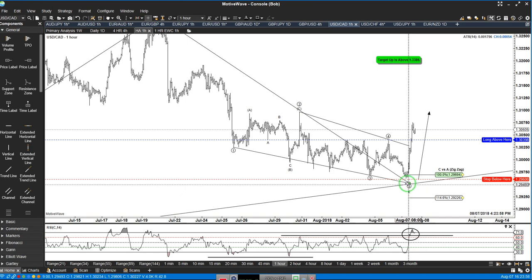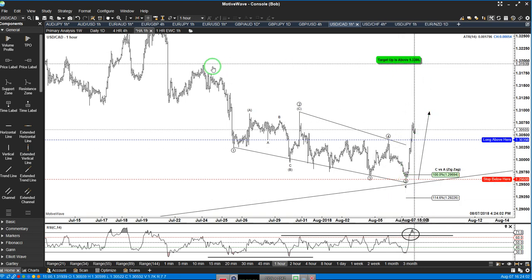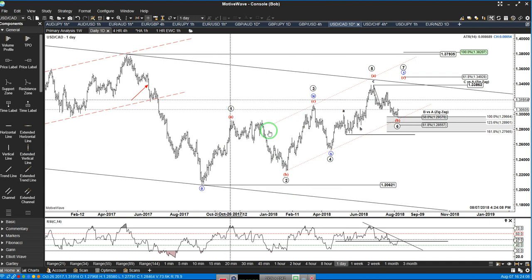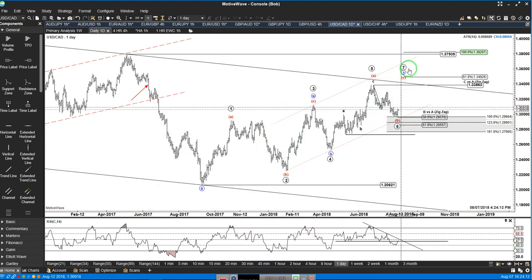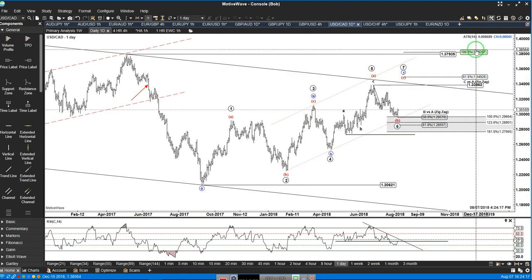I do think we have finally bottomed, and we're going to head higher above 33.86 to complete the 7 swing structure higher with 1 swing, 2 swing, 3 swing, 4, 5, 6, 7. Don't know if we're going to get the 2 equal legs at 38.20.